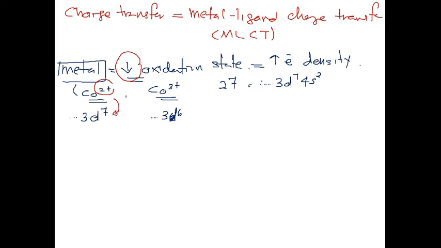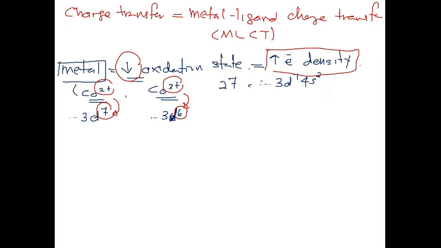When you compare the 2 plus and the 3 plus, which is D6, the low oxidation state will have higher electron density, because they have 7 electrons instead of 6 electrons for cobalt 3 plus. So that's why if the metal has a low oxidation state, it must have high electron density.